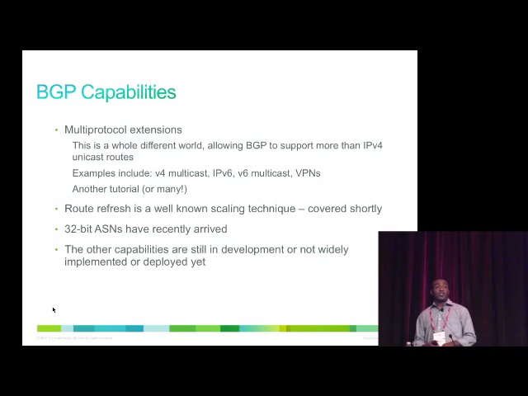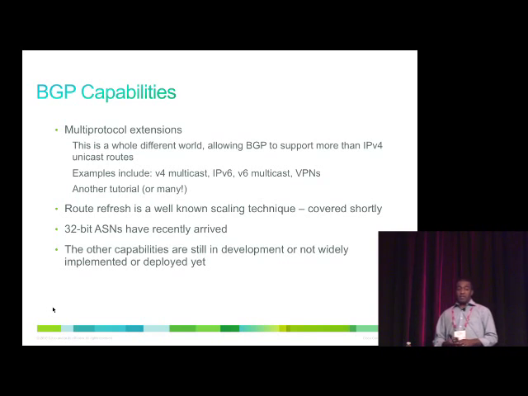But BGP also supports IPv4 multicast, IPv6 unicast, sorry, here it's IPv4 and IPv6 unicast, typically. But BGP is also used for VPLS, for multicast tree distribution, for a number of other functionalities. So that is supported in BGP in multi-protocol extension.